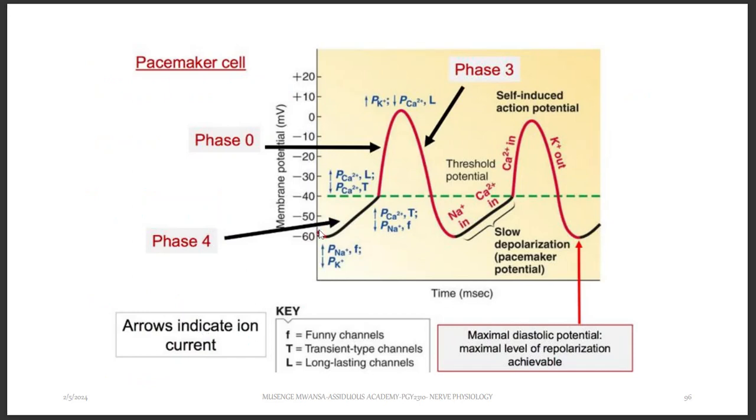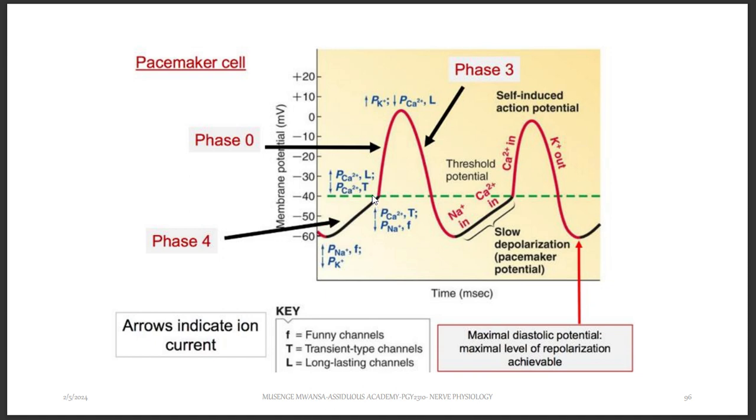You start with phase 4. So you can see phase 4, there is sodium channels opening, potassium channels closing. So depolarization is happening. When you reach the threshold, then there's going to be now the opening of T-type calcium channels and the closure or deactivation of the sodium Fanny channels or I channels.